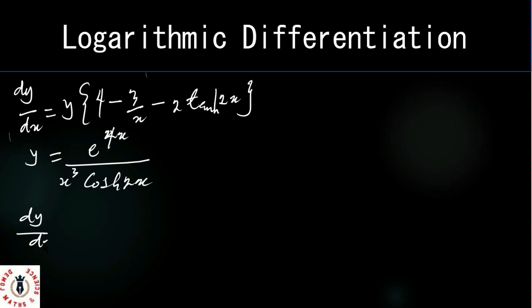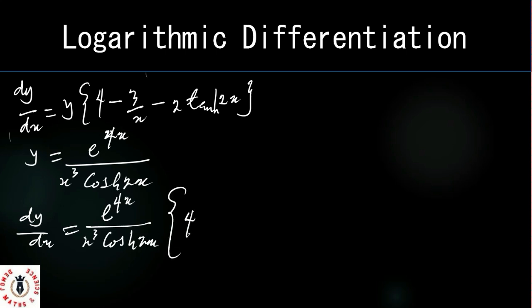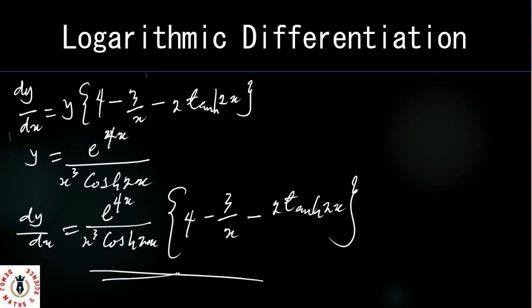Finally, my dy/dx will be given as e raised to the power 4x over x raised to the power 3 cos 2x into 4 minus 3 over x minus 2 tan 2x. With this, we've been able to arrive at our logarithmic differentiation of our y value.